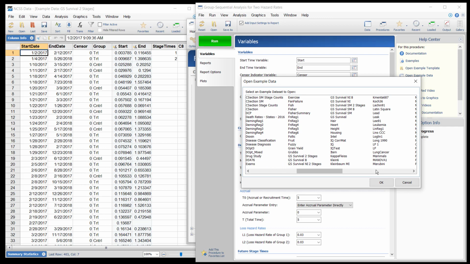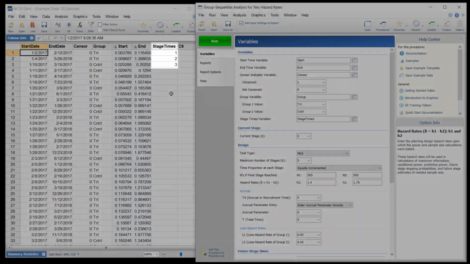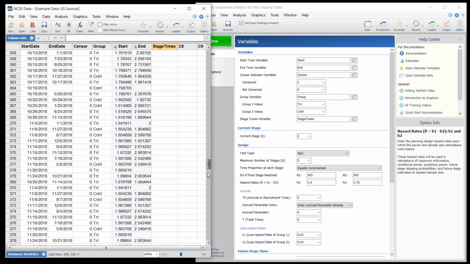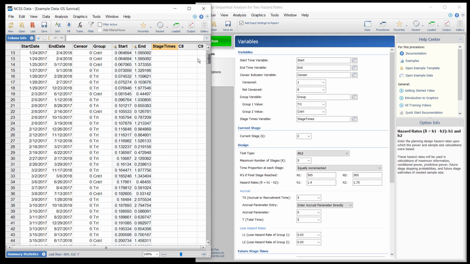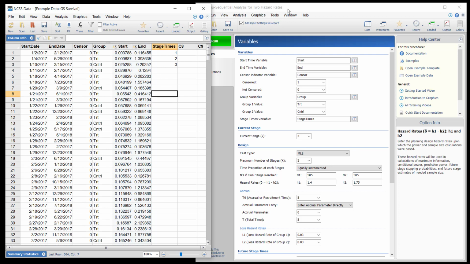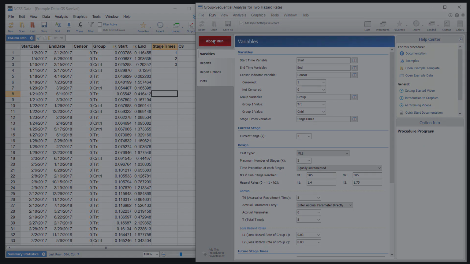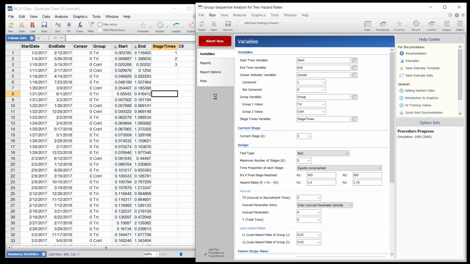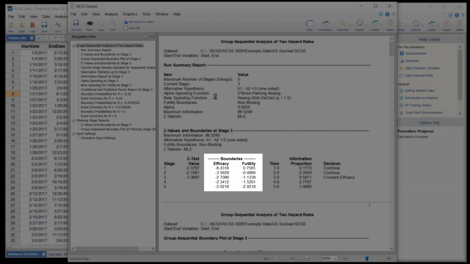At the end of the 3rd year of the study, the procedure is run again. The Stage 3 boundaries are calculated based on the current information proportion.